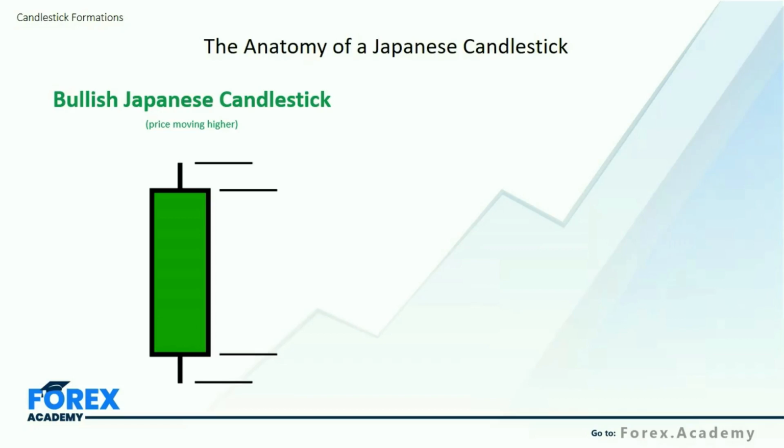Now, it has some very important characteristics, which I do want to elaborate on. The first one, if we refer to this price point down here, the bottom edge of this quite large rectangle. The price that's quoted when we look at Japanese candlesticks, if it's green in color, is actually the open price.